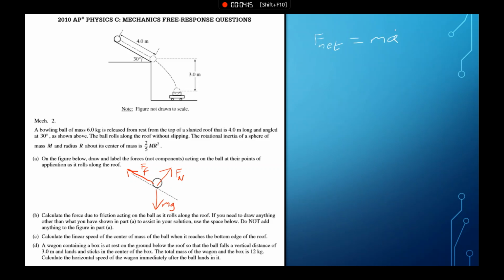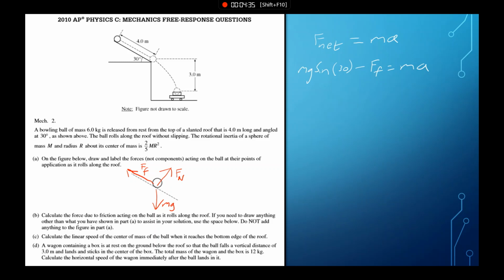Okay, net force is MA. And you said that's equal to mg times the sine of our angle, 30, minus friction. Okay, that's good so far.